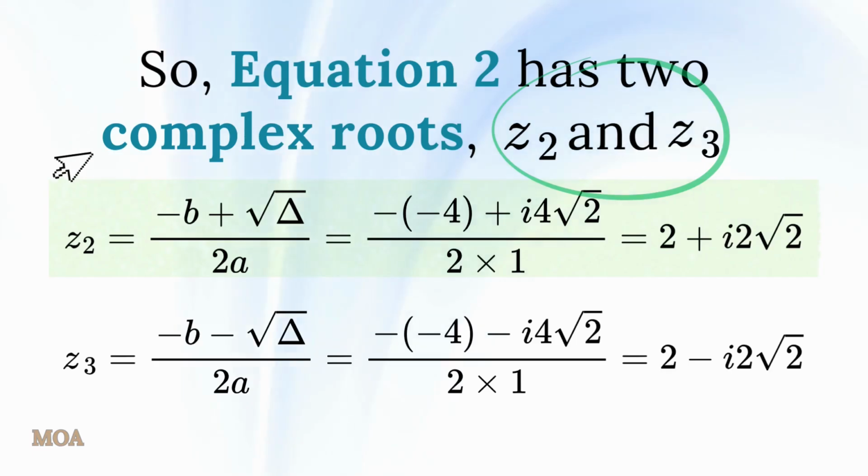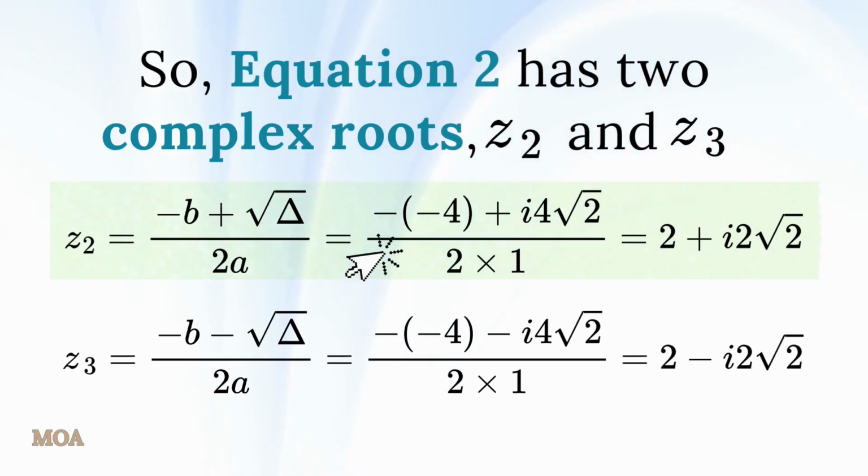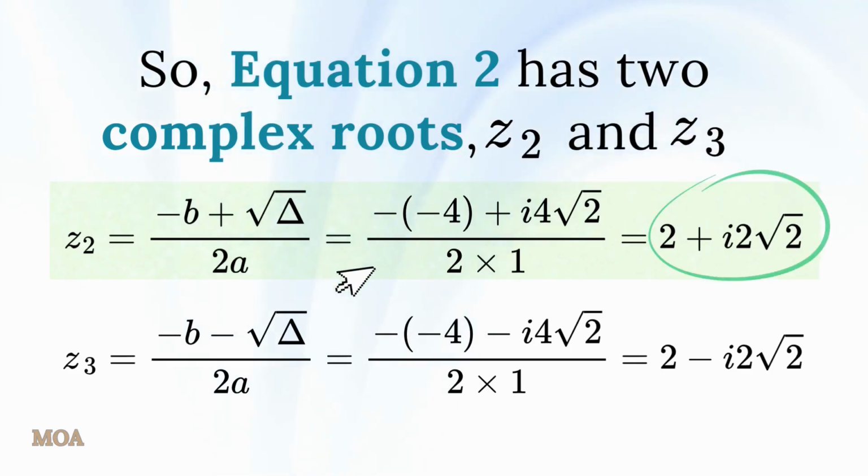So, equation 2 has two complex roots, denoted z sub 2 and z sub 3 respectively. Z sub 2 equals negative b plus the square root of delta, all over 2 times the coefficient a, which equals minus negative 4 plus i times 4 times the square root of 2, all over 2 times 1.